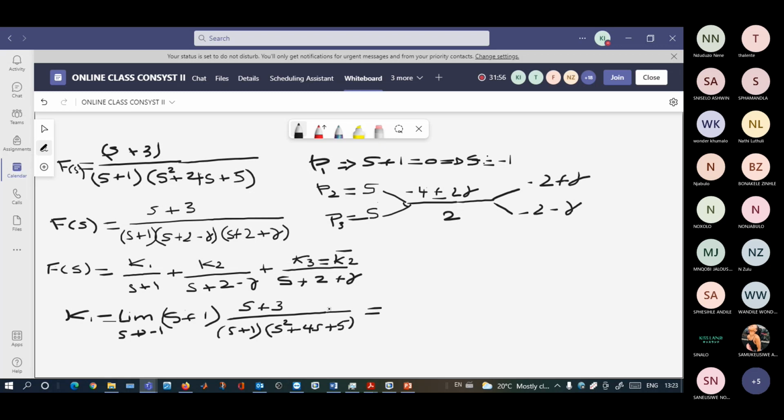So we replace s here, cancel this one and that one. So we'll have minus 1 plus 3.